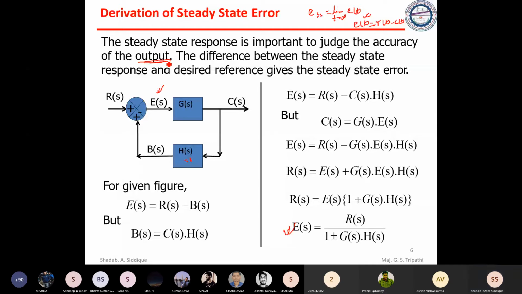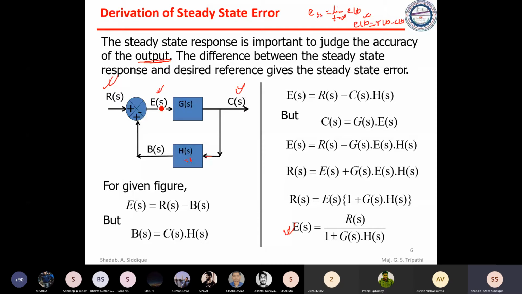If we want to achieve this R(s) value at the output, we take the response and subtract. If the error is 0, the steady state is accurate. But if we are getting some error, that means the output is not accurate.